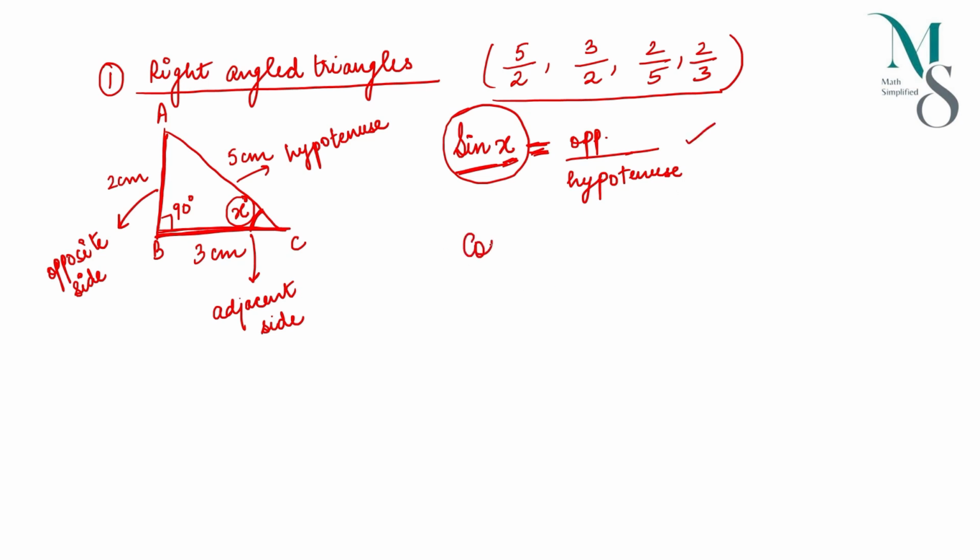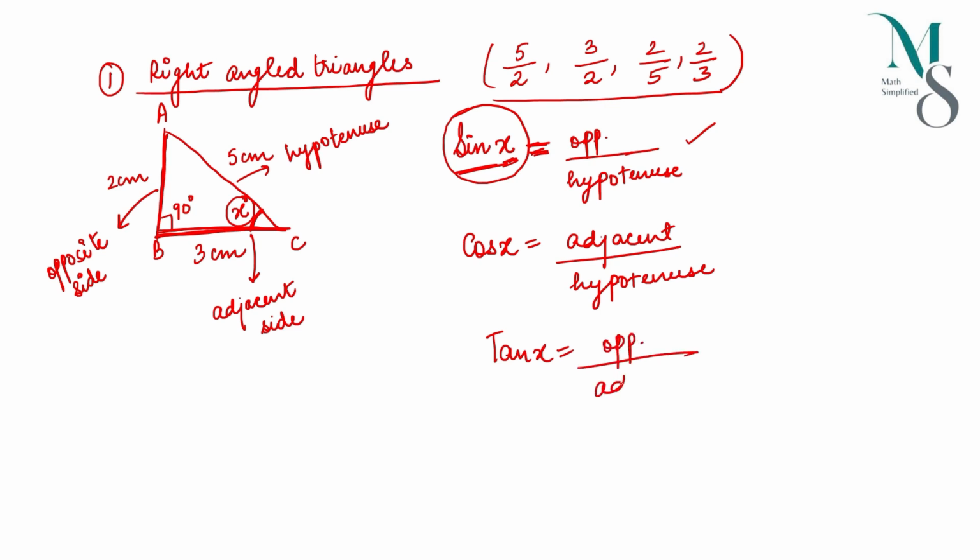Now, there's another ratio which is cos X, which is adjacent upon the hypotenuse. And there's another ratio which is tan X, which is the opposite upon adjacent.